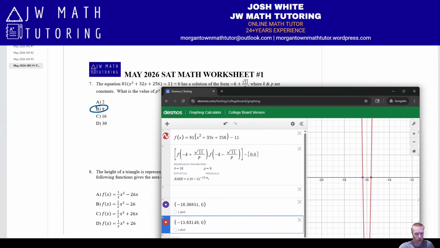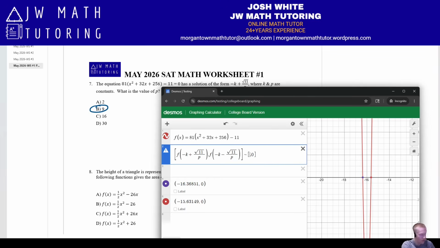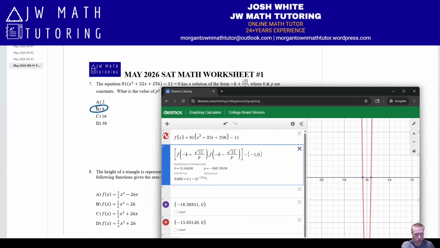The smaller one is going to have the minus, root 11 over p, and technically the larger one here is going to have the plus root 11 over p. So what I'm going to do in my regression is, let's see, the positive one is first, so I'm going to do regression only with the solutions themselves, not with their y values.